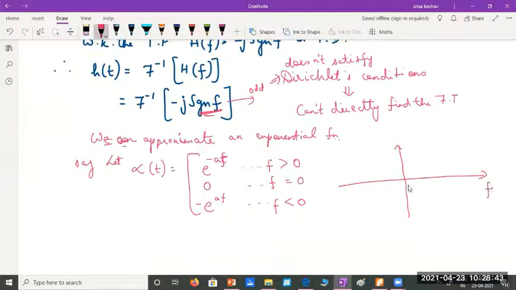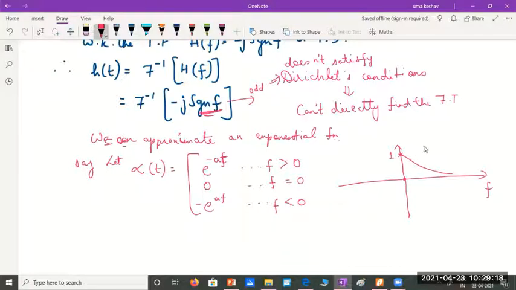See, I have the x-axis as the frequency axis. At positive frequencies, f greater than 0, what should I represent? What is the value of e power minus af at f equal to 0? 1, ma'am. 1. So this function should start off at 1. And since it is e power minus af, it should be a falling exponential like this.